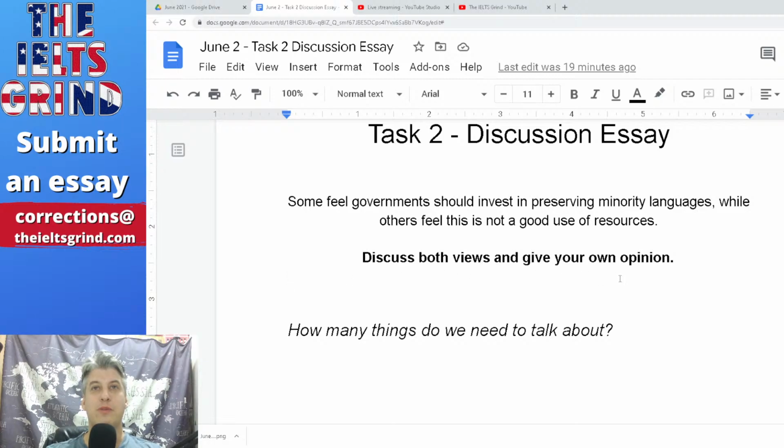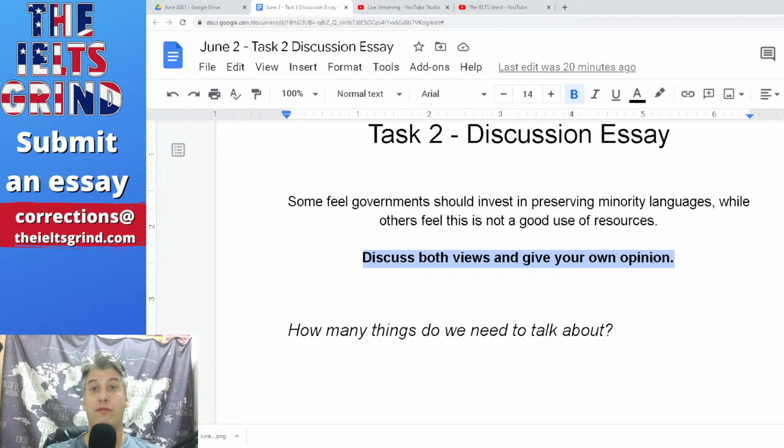But this is the important thing. When you're answering a question in the IELTS, you need to look at this part and ask yourself, what exactly do I need to do? What is the essay structure that the examiner is hoping to see? Because if you don't write the correct structure, you're not going to get the grade you want in task response.